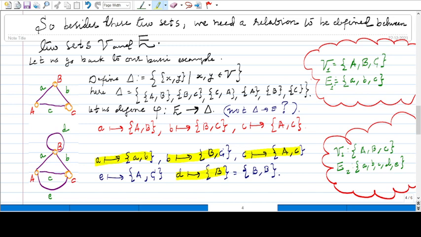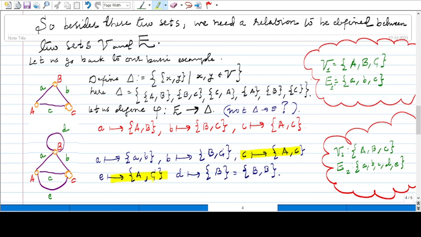That's fine. Now, if you think about the other way, you will understand why I have not used delta to E. If I use delta to E, in these two cases AC will be mapped to two elements, c and e. So it is not well defined, because an element AC has two images, which is impossible.